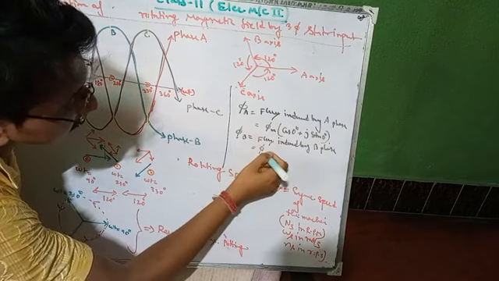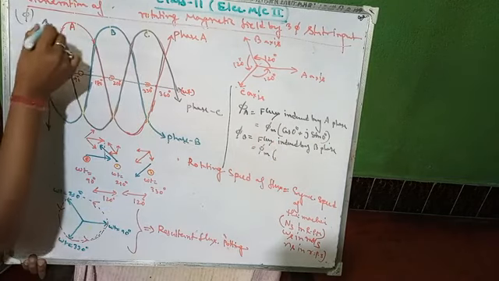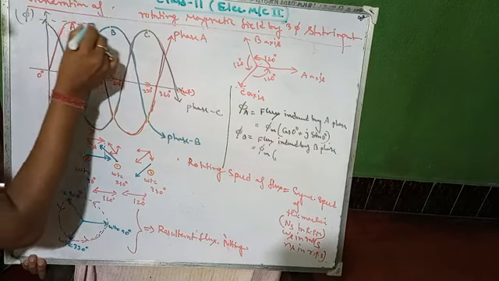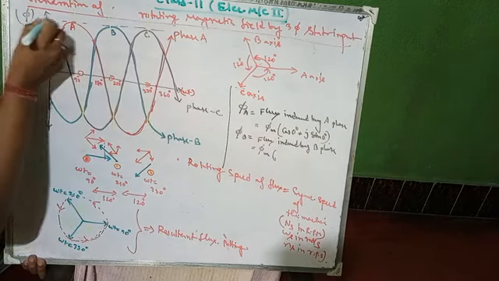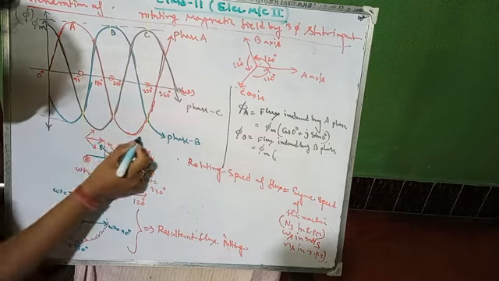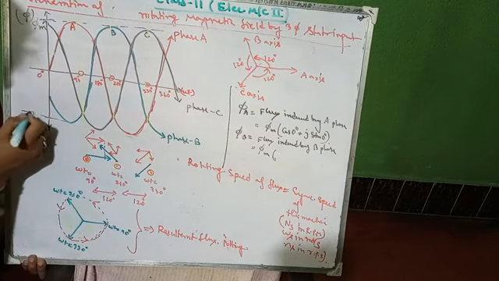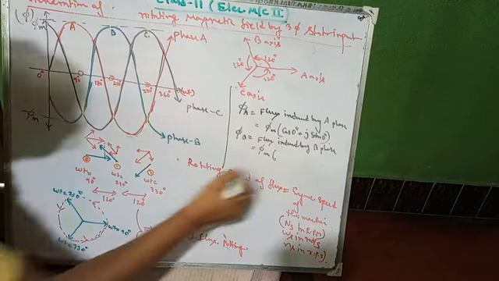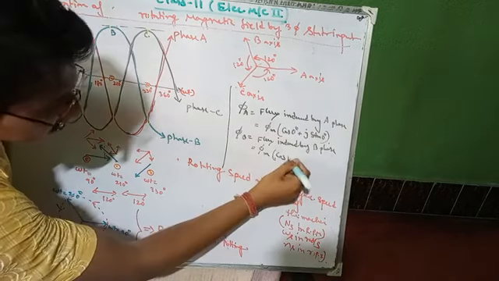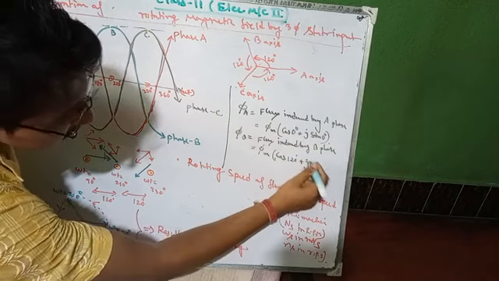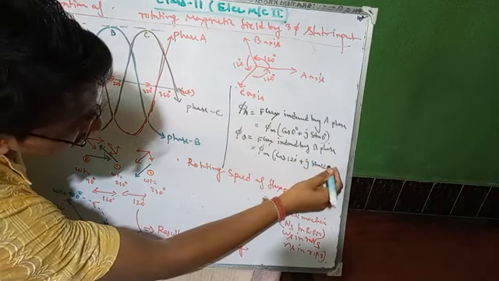That will be phi M. So what is phi M? The magnitude of each pole is phi M. This value is phi M and this value is minus phi M. So phi M cos, they are 120 degree apart, so cos 120 plus j sine 120 degree.